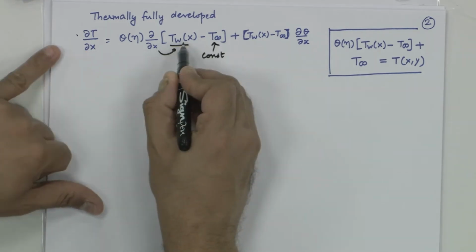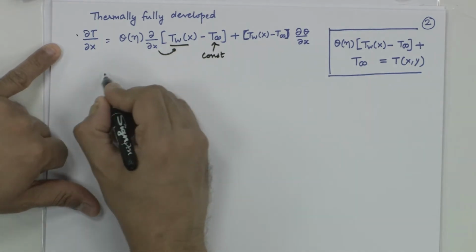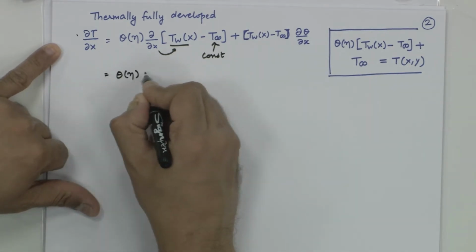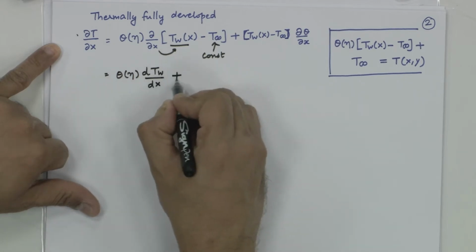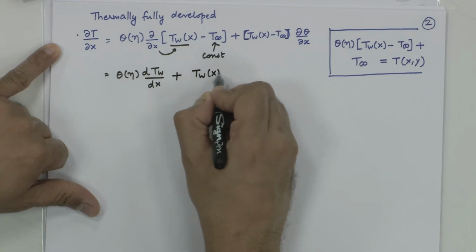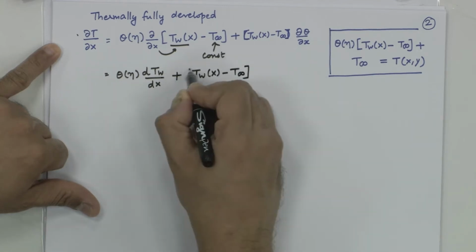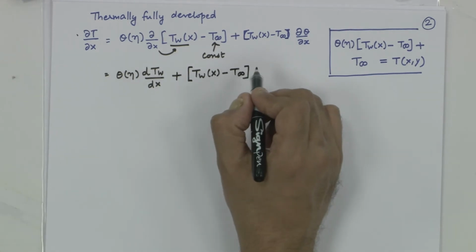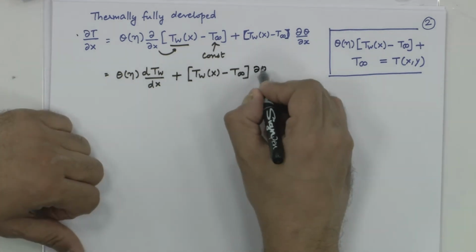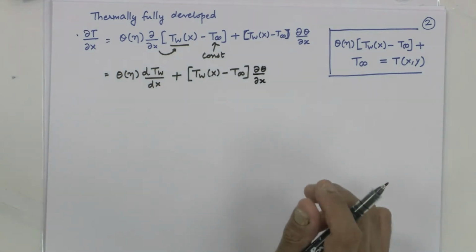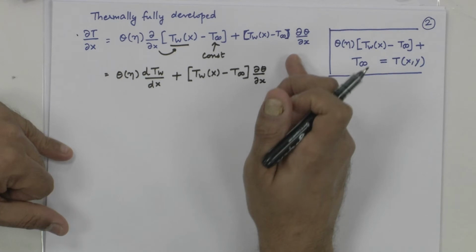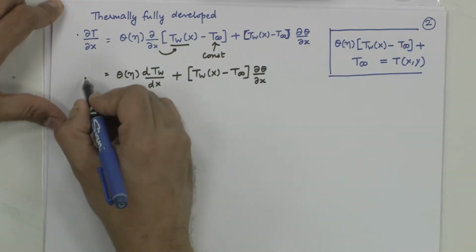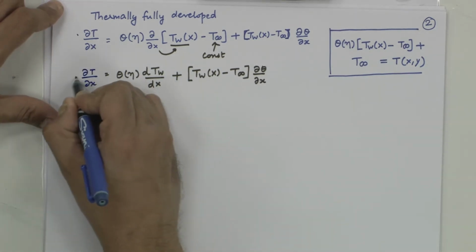So, this being a function of x alone, this partial becomes a regular derivative. So, I will write theta of eta dTw by dx plus T wall of x minus T infinity as it is, d theta by dx. We will then transform this to d theta by d eta times d eta by dx. So, dT by dx is here for us.